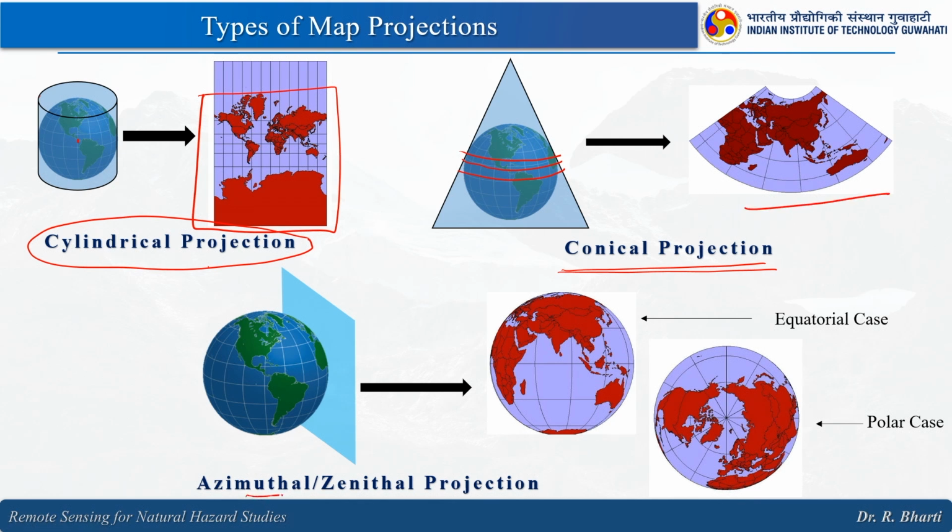Once you have azimuthal or zenithal projection, here light is falling on this paper from here. Once you open it, you will have this kind of representation. So, whether it is equator or pole, depending upon that, you will have equatorial case and polar case.